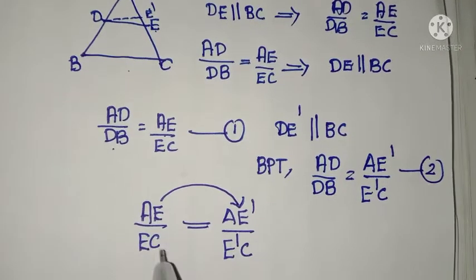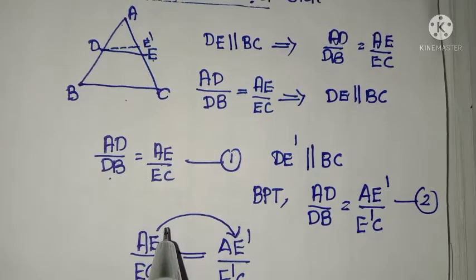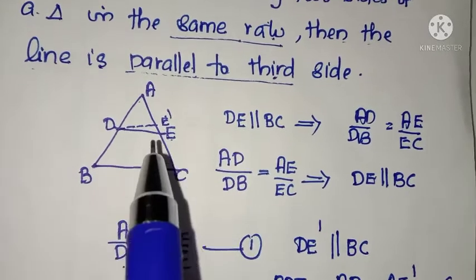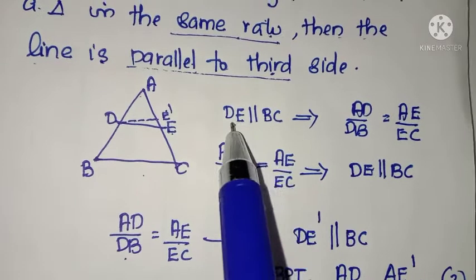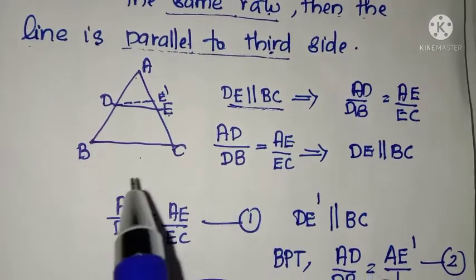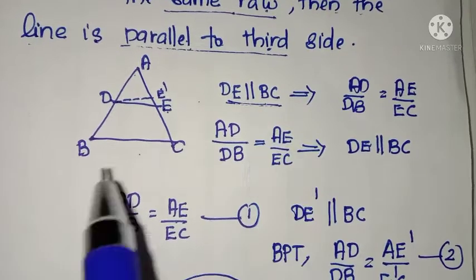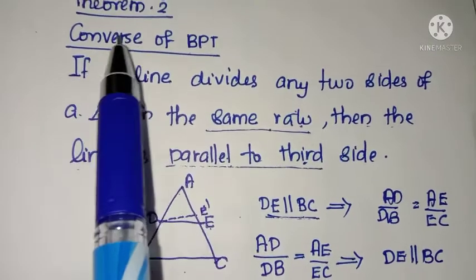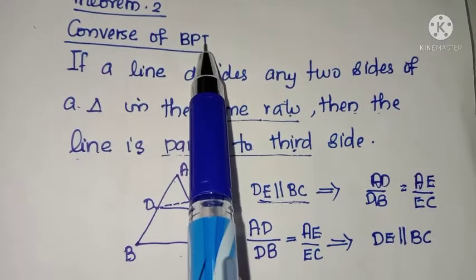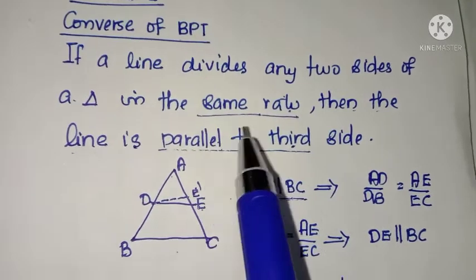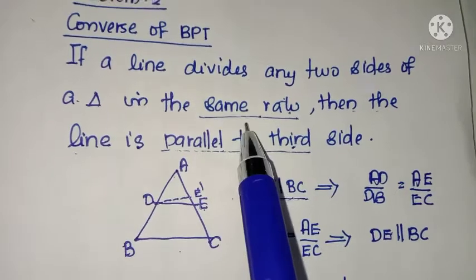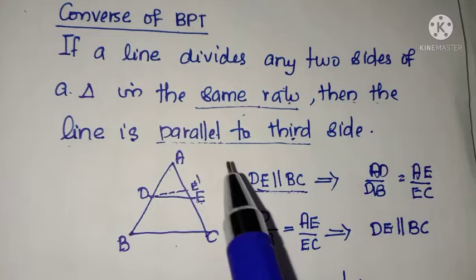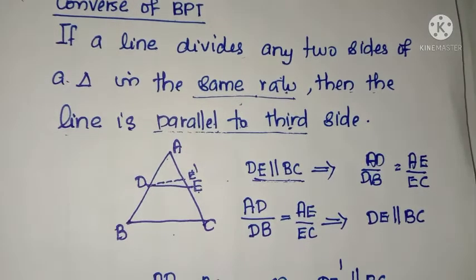So, the line DE is obviously parallel to BC. DE is parallel to BC, and therefore we have proved the converse of the basic proportionality theorem. So you have to stick to the statement of how to prove the parallel condition.